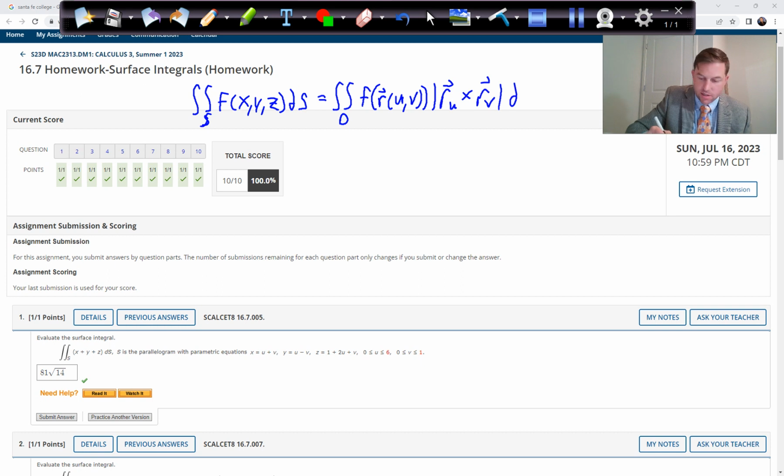And that's going to get us dA. That's pretty much what we're going to do for most of the problems in this section.